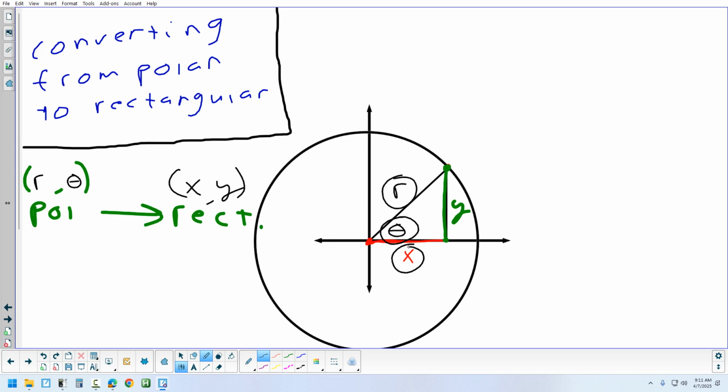What position is this side relative to that angle? Any idea? Adjacent. It is adjacent, yeah.